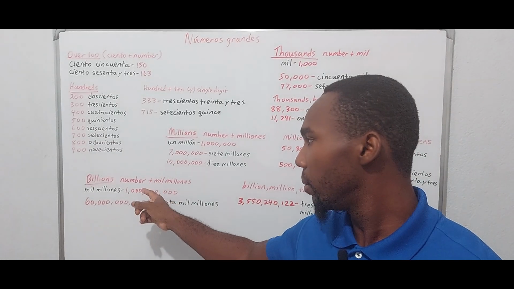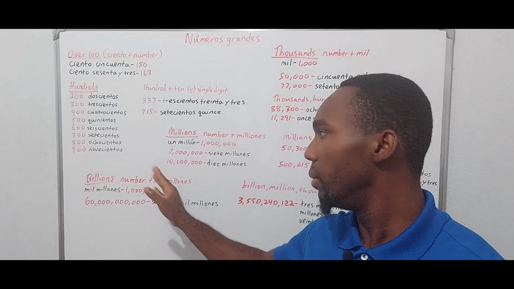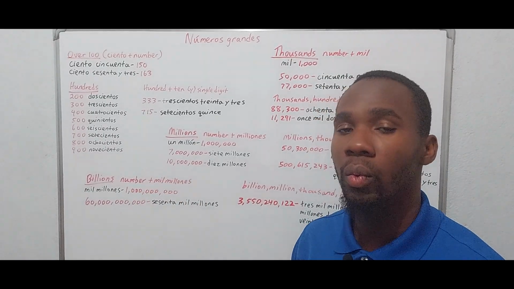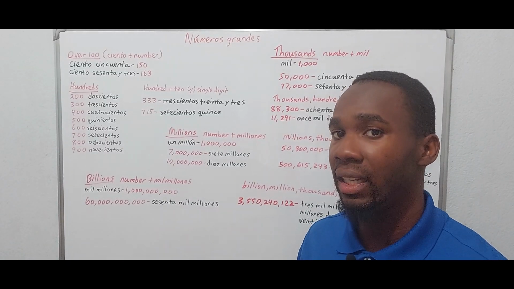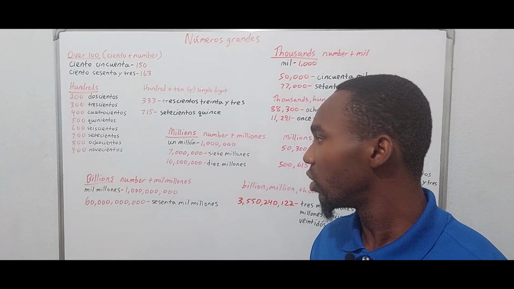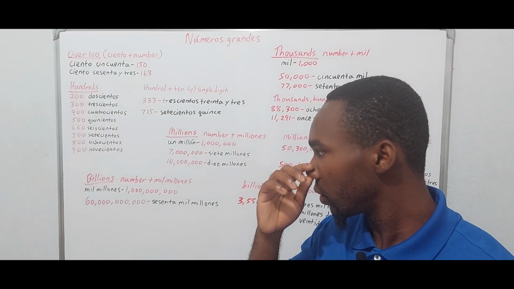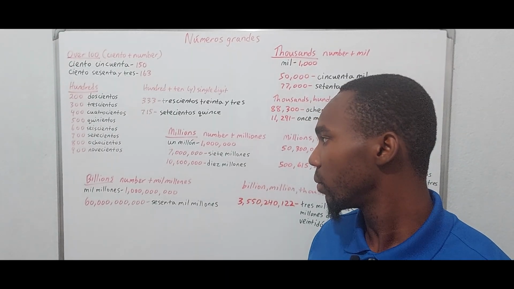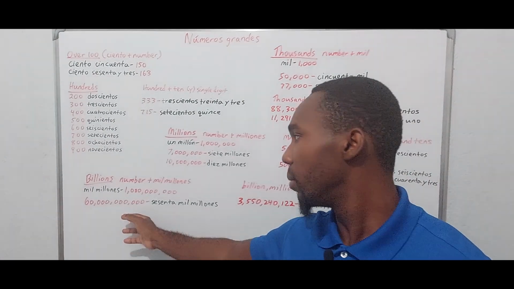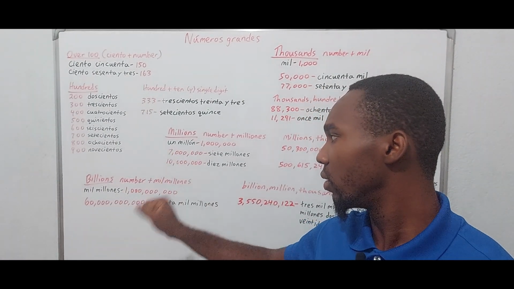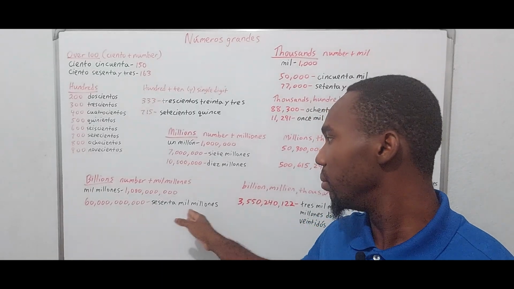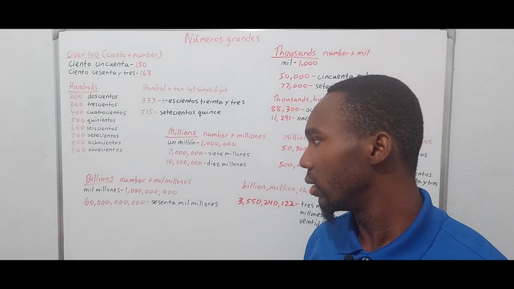We have the number plus mil millones. Mil millones is how you say 1 billion, and 1 billion would be 9 zeros, okay? That's how you say 1 billion in Spanish. So we just have the number and mil millones. So 60 mil millones is 60 billion.